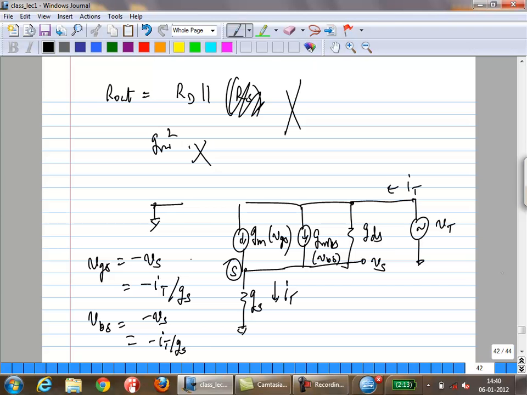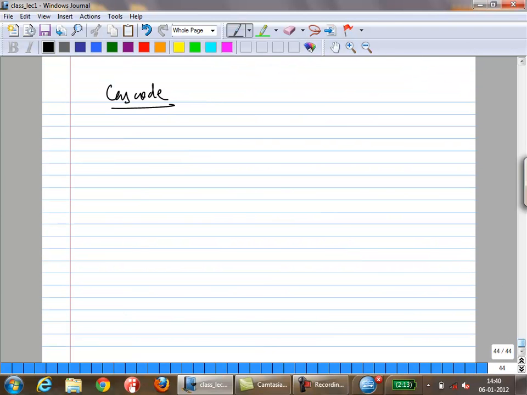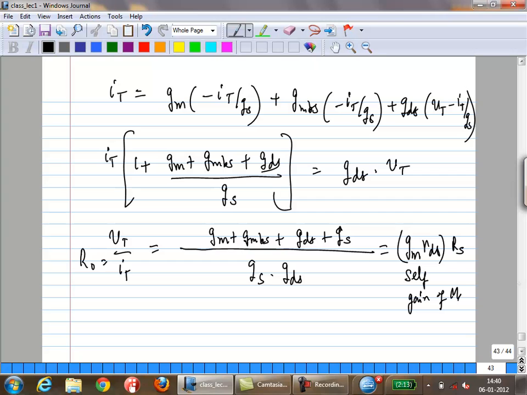So it's actually, you're right. Let me call this R01, which is approximately equal to R01.